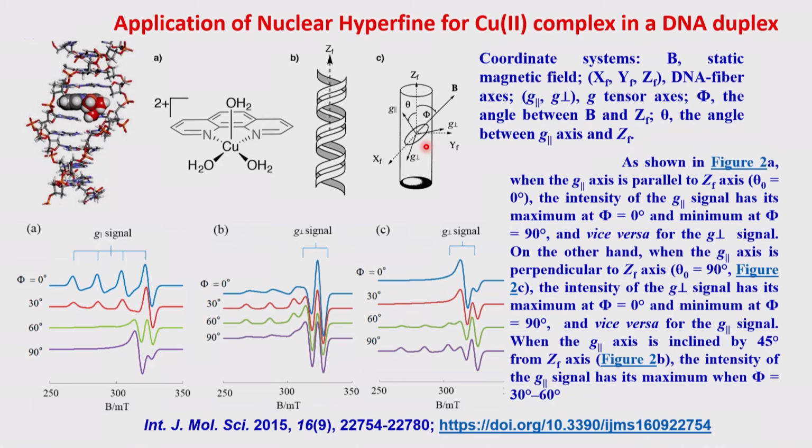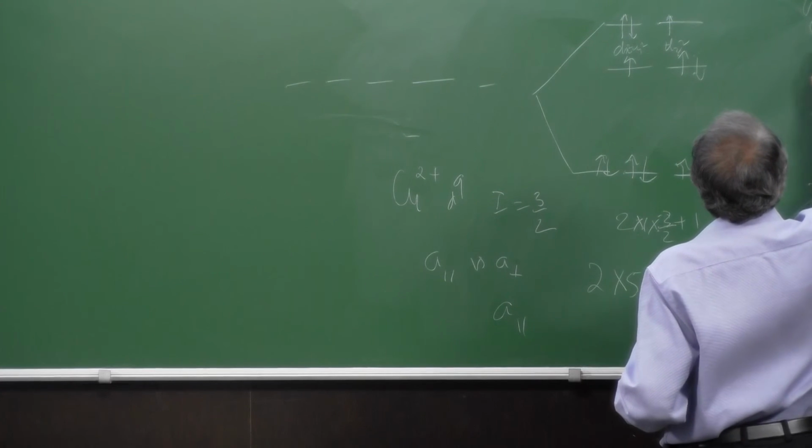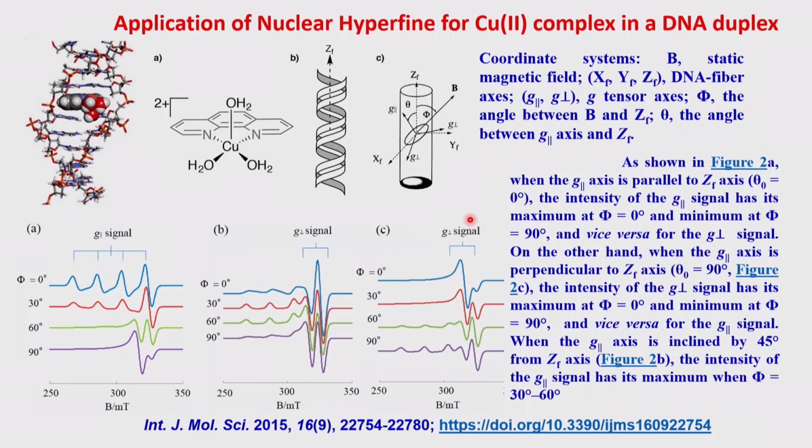Now we are talking about the orientation of this particular copper spin with respect to the main field. The copper will show g parallel and g perpendicular, which we know very well. So the copper molecule is shown by one vector called g parallel and another called g perpendicular.